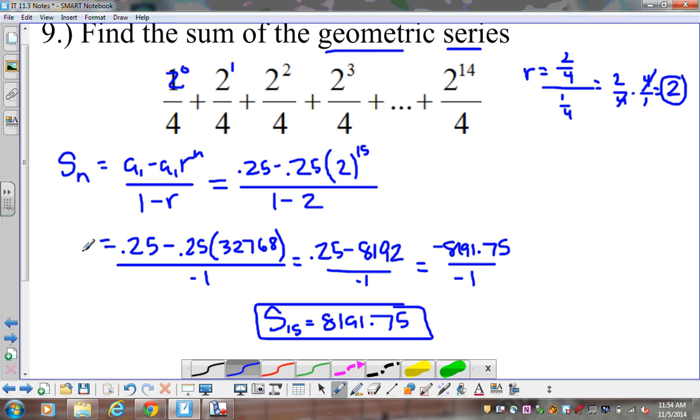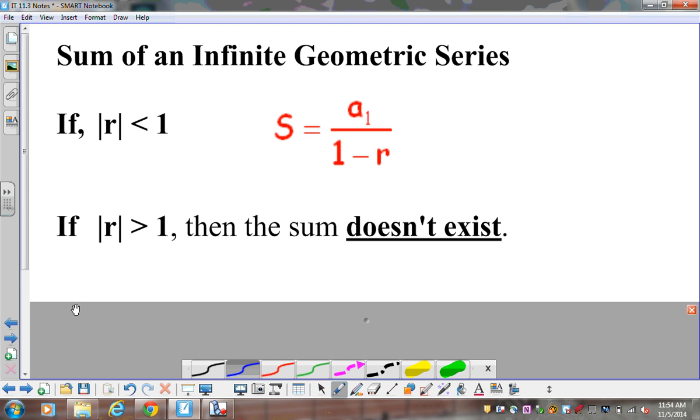Now what I want to look at, and this will be the last thing we look at, is called the sum of an infinite geometric series. The key here is that the absolute value of your R value, your common ratio, has to be less than 1, which means your common ratio is 0 point something.